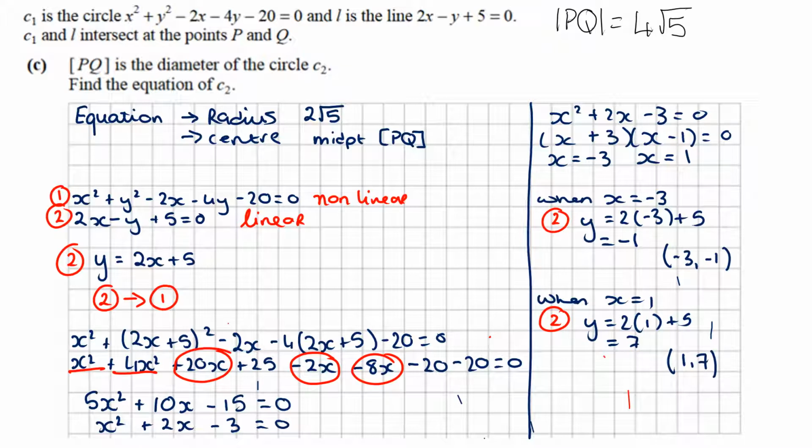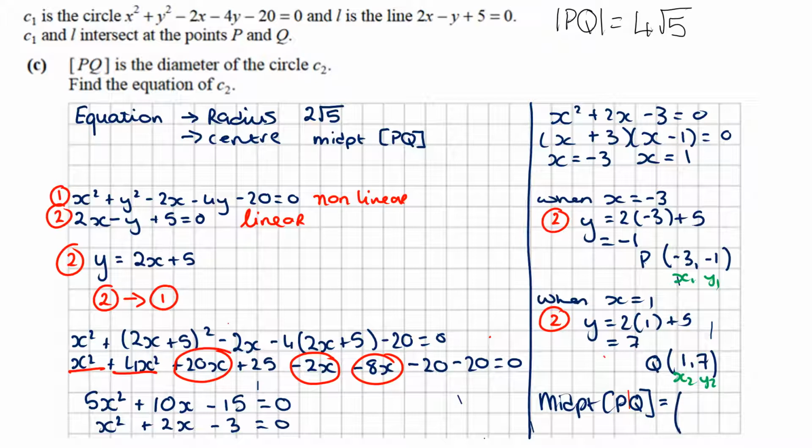So we don't know which one is P, which one is Q. Doesn't really matter. And we're going to get the midpoint of PQ. That's going to be labeling x1, y1, x2, y2.